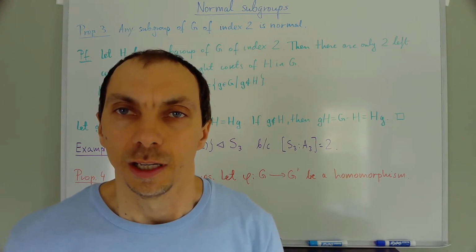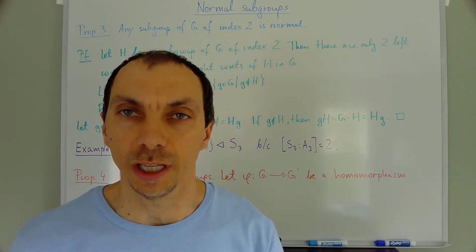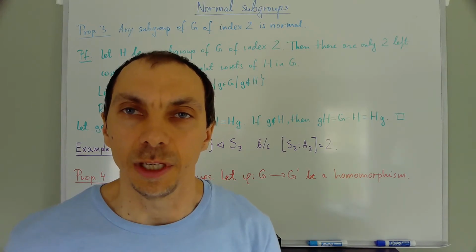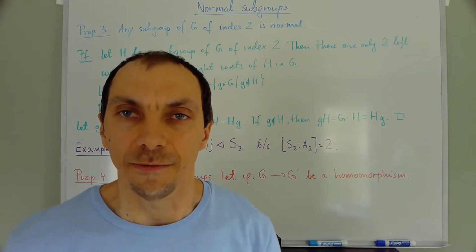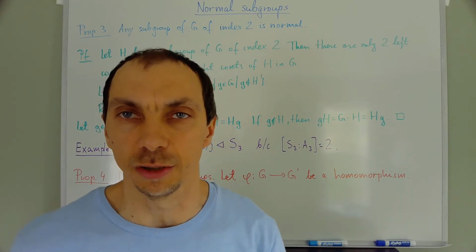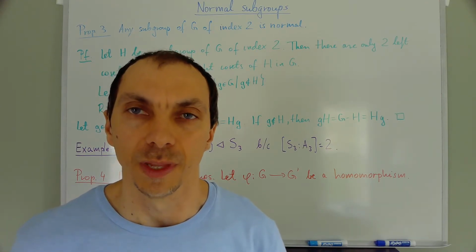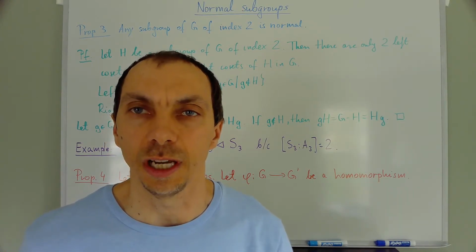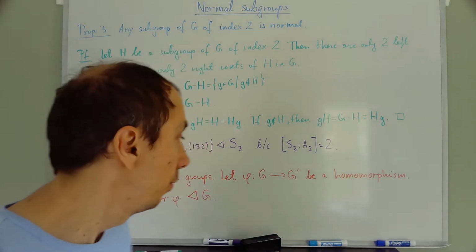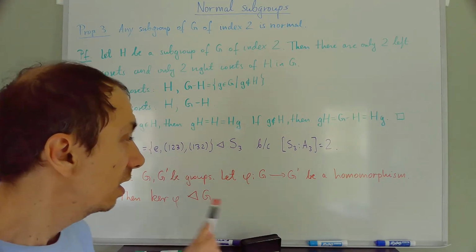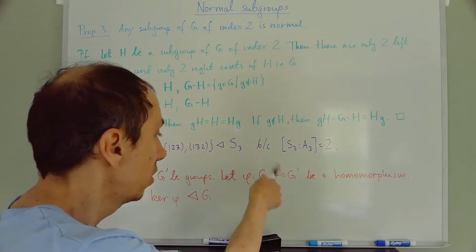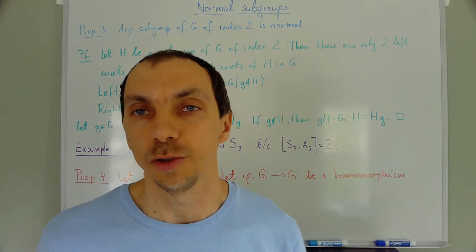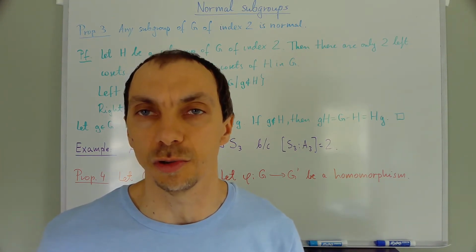In particular, if I can construct a homomorphism from one group to another, that means that I have found some relation between these two groups. I was able to somehow map the first group into the other group. Except of course when the group is cyclic, for example, then we have actually proved how to construct all the homomorphisms. But in general, homomorphisms are not that easy to construct either.